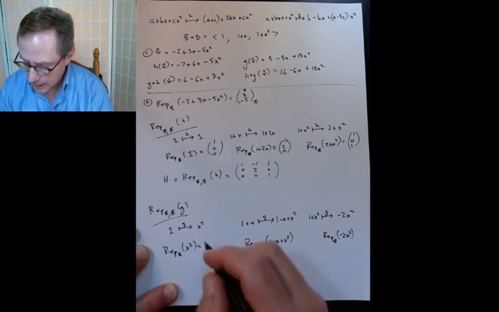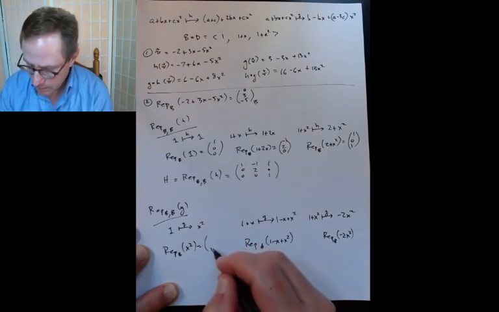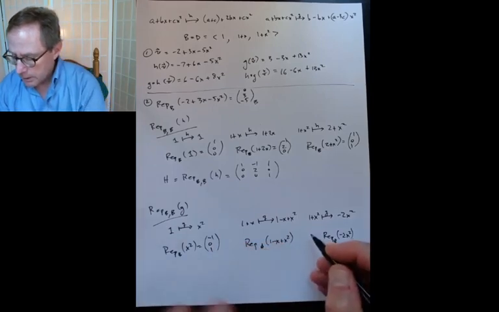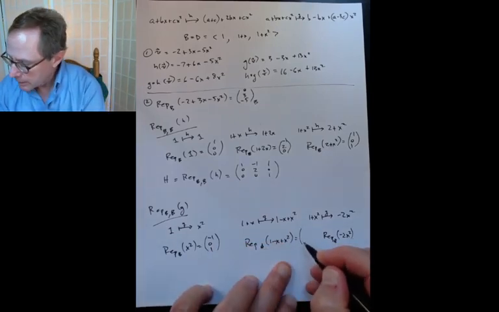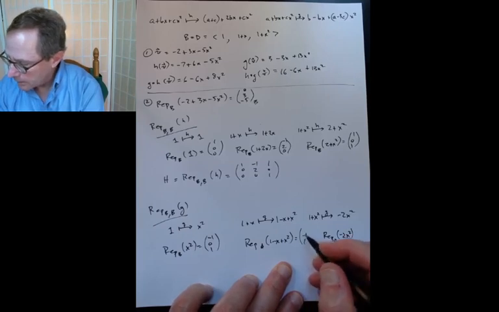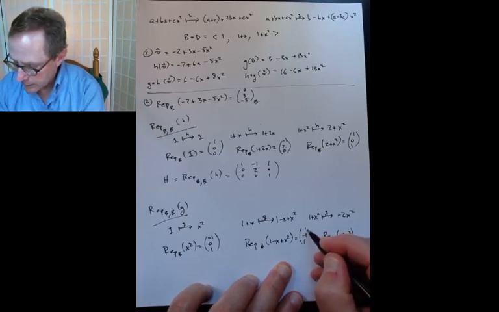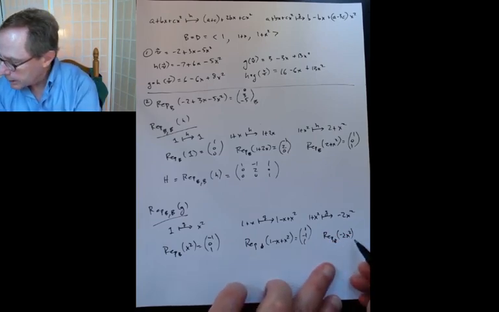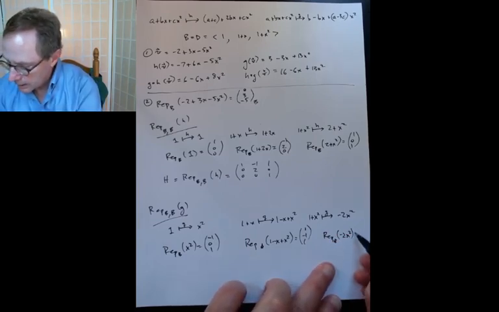To get x squared, I have to have a 1, and there are no x's, so I have to have a minus 1. To get 1 minus x plus x squared, I have to have a 1 and a minus 1, and to make the constants balance out, I need a 1 there. And finally, to get minus 2x squared, I need a minus 2, and there are no x's, so I need a 2.